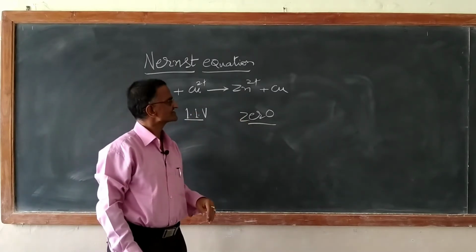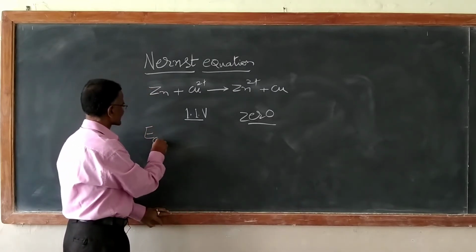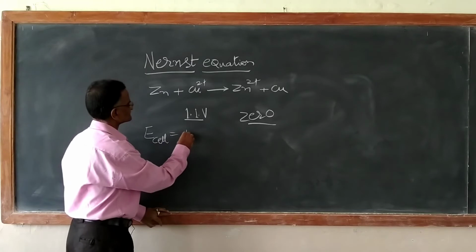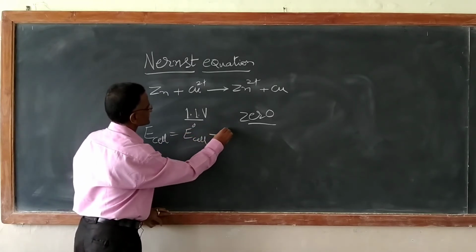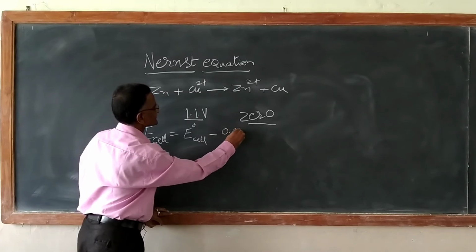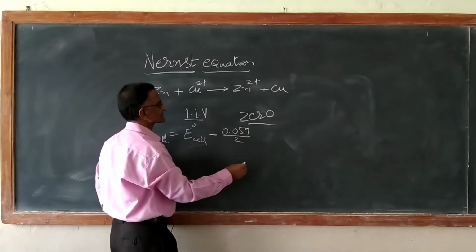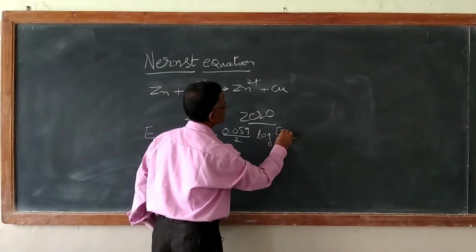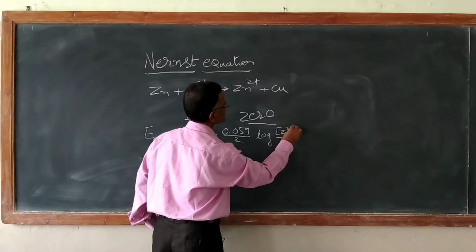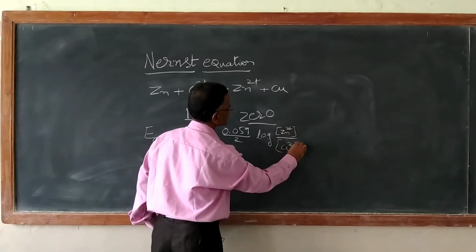What is the meaning? Again, E cell is equal to E inert cell minus 0.059 by n, for this system n equal to 2, log of the concentration in the left half cell of Zn2+ over the right half cell concentration of the electrolyte Cu2+.